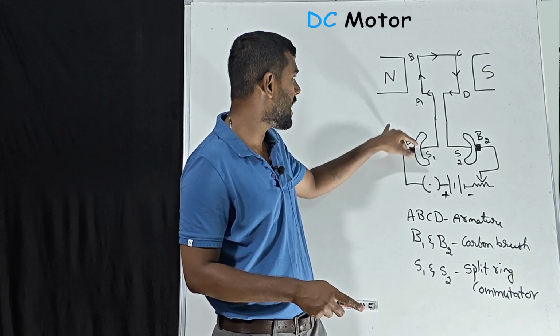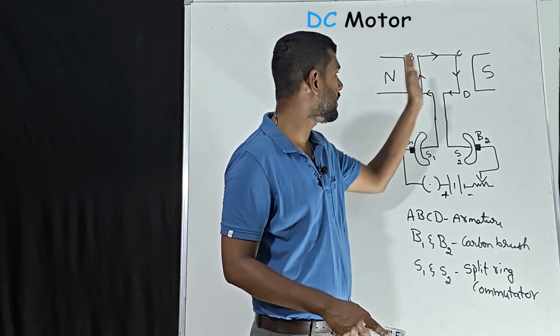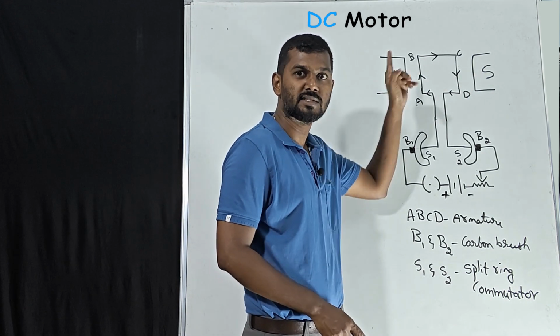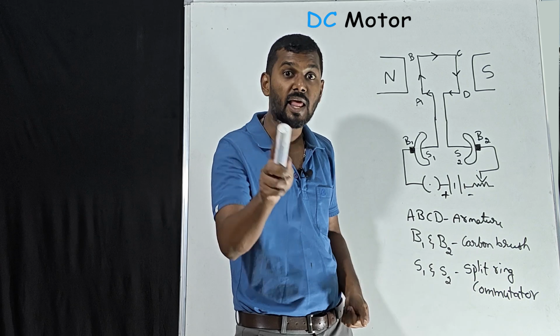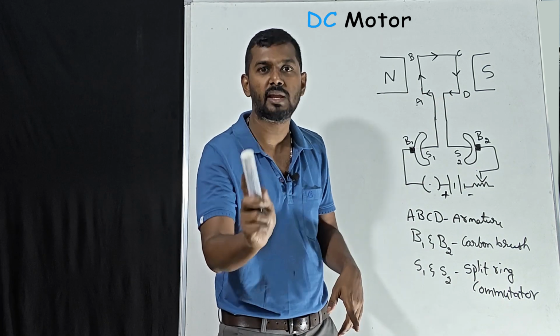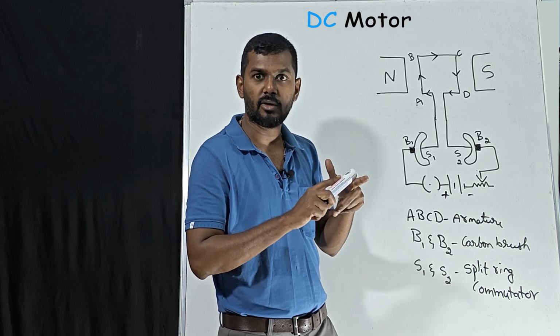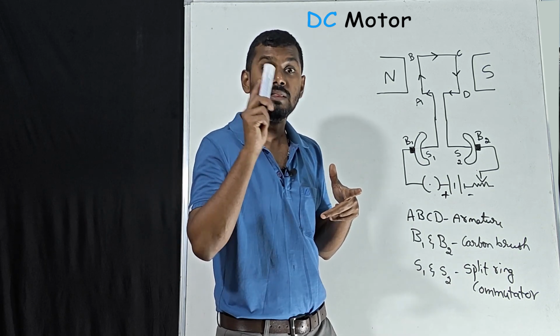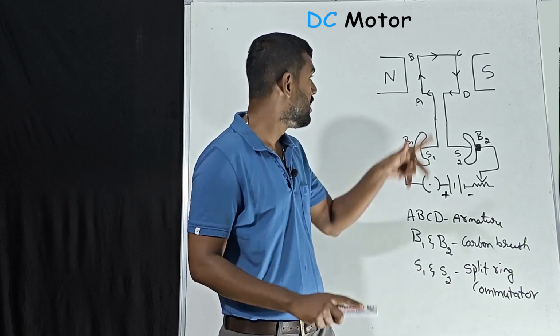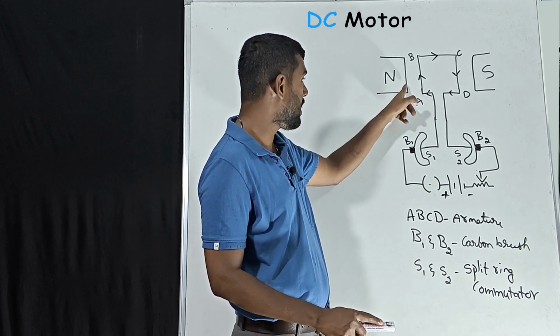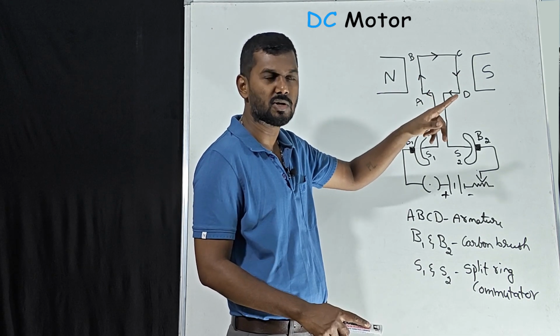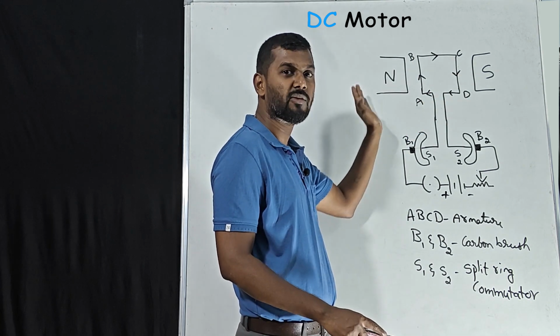Because in this diagram, north is on the left hand side and south is on the right hand side. If they interchange them in the diagram, you have to be very careful, because whenever we are using the left hand rule, first we assign the forefinger, in the direction of magnetic field. Here the magnetic field is from north to south, always from north to south. In this diagram it is from left to right.